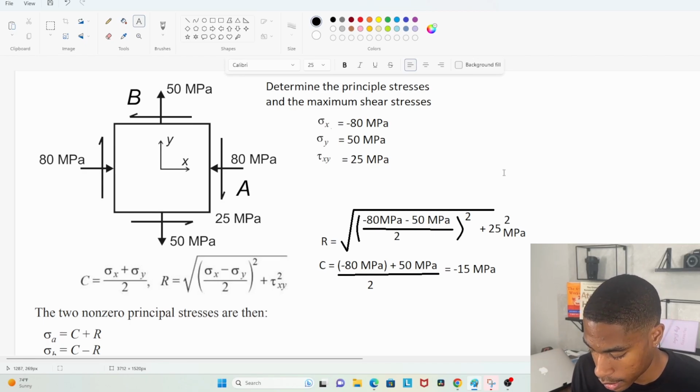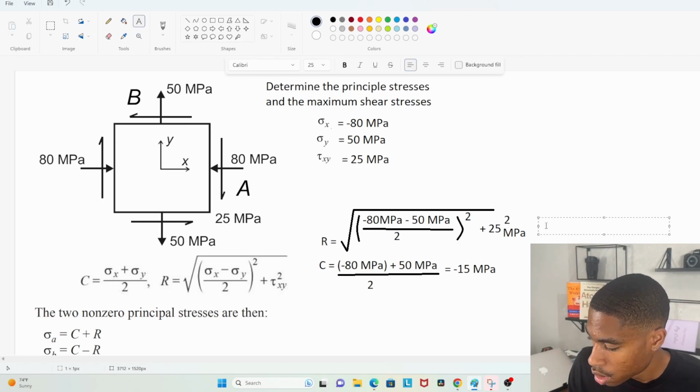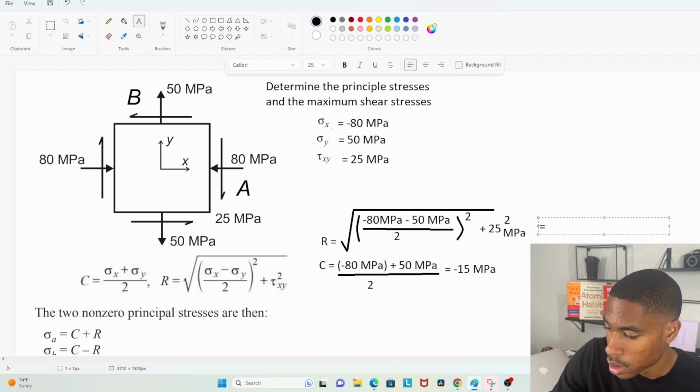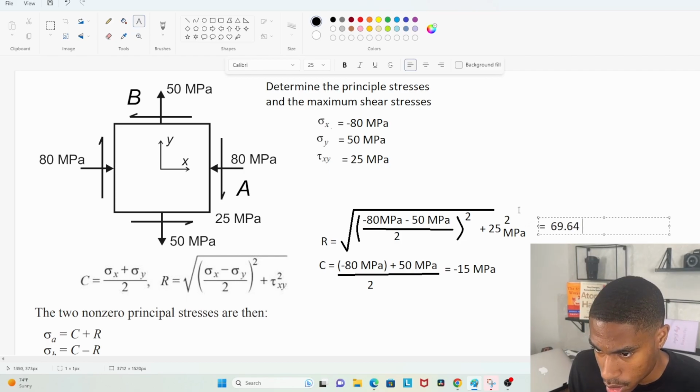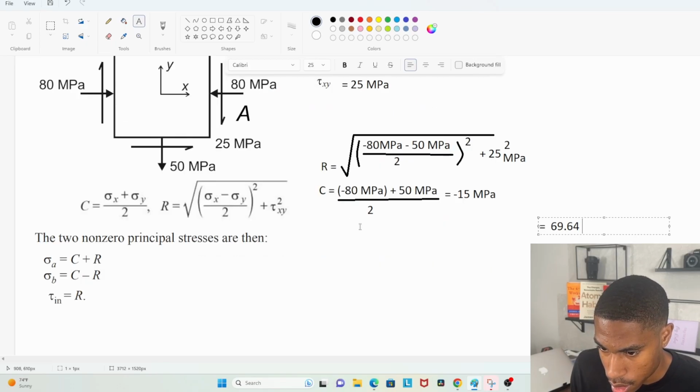So this comes out for me to equal 69.64, and that's my radius, right?